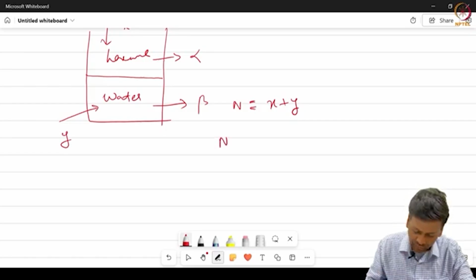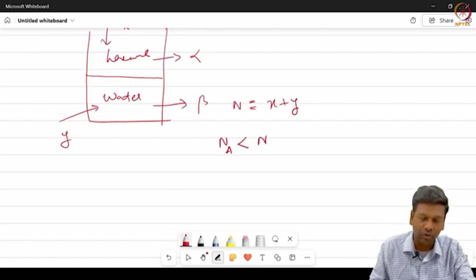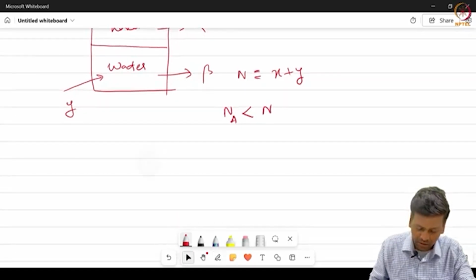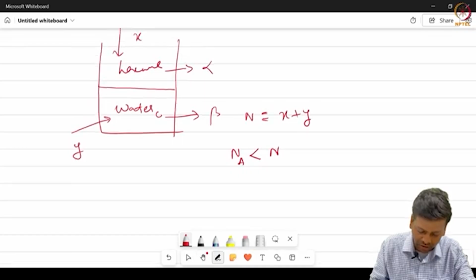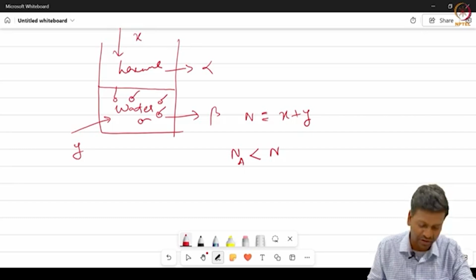When you measure, the actual number of moles will be slightly lesser than the expected number of moles. It is because some surfactant molecules present in the bulk have a greater tendency to go to the interface and absorb.